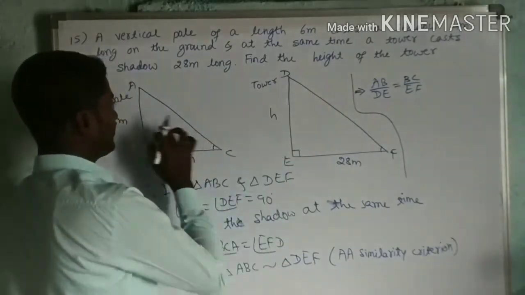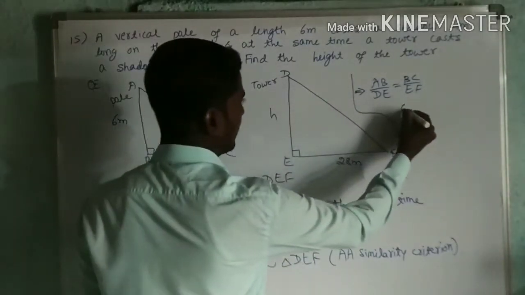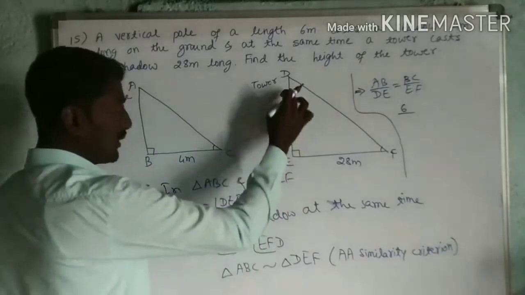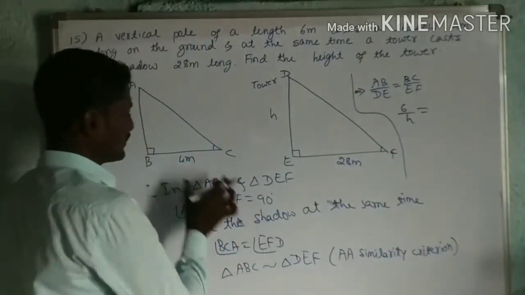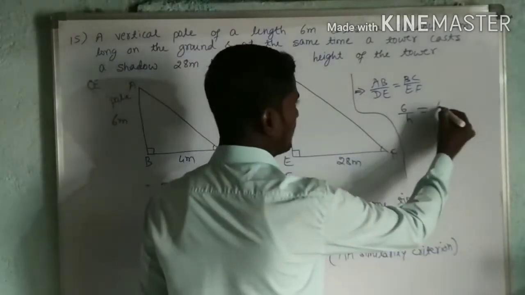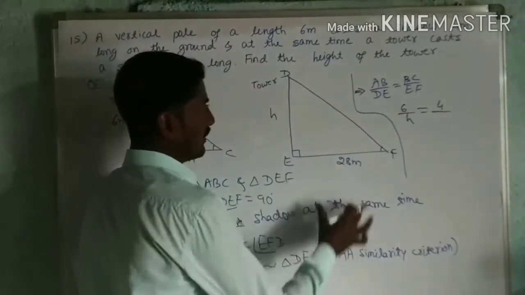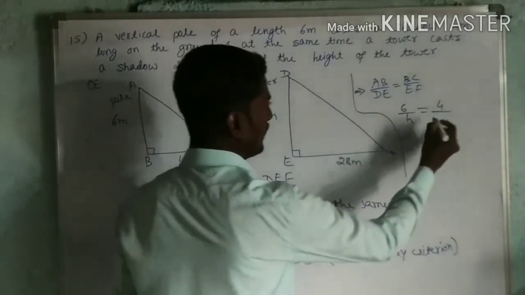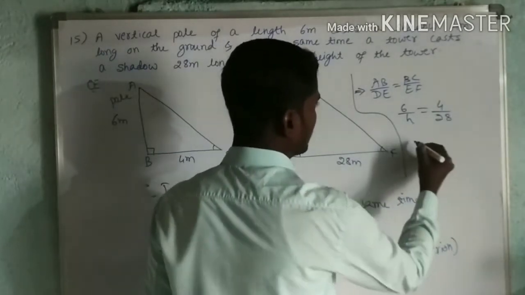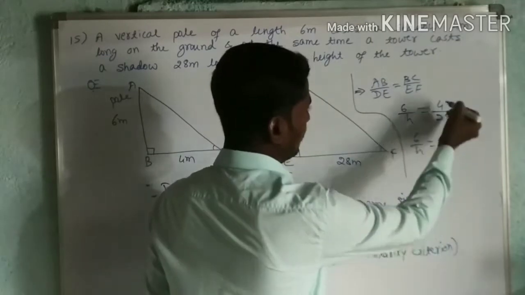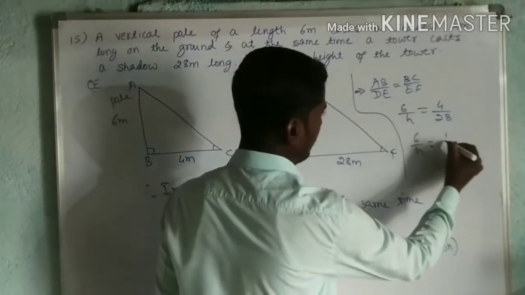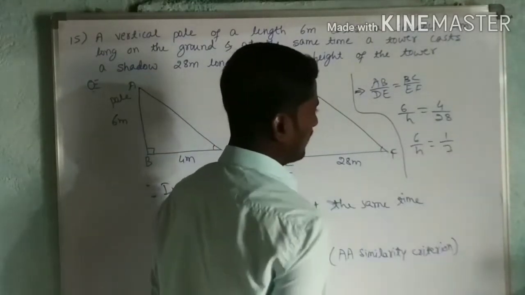Now substitute the values. AB value is 6 meters. DE value we have to find, that is H, equal to BC value, which is 4, divided by EF value, which is 28. Now 6 divided by H. Now this is 1 divided by 7, since 7 fours are 28.